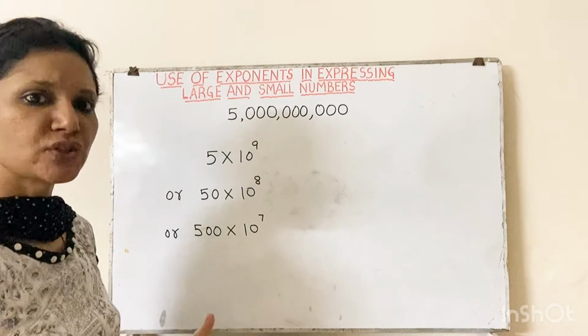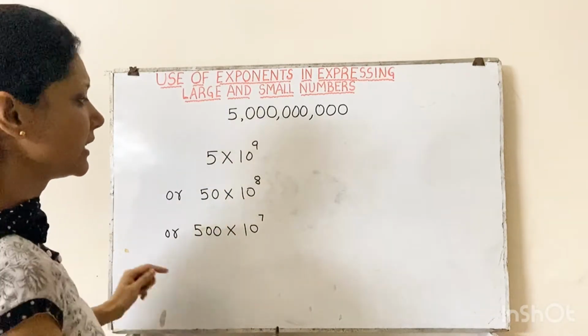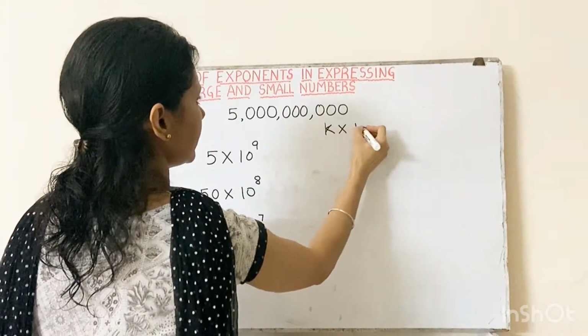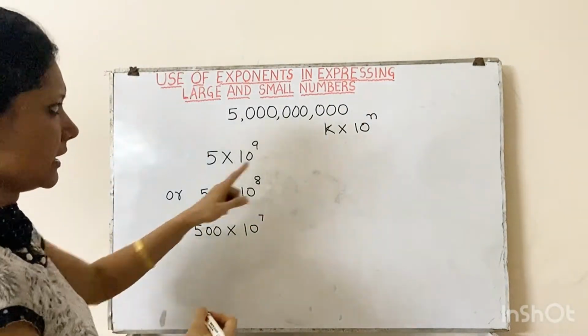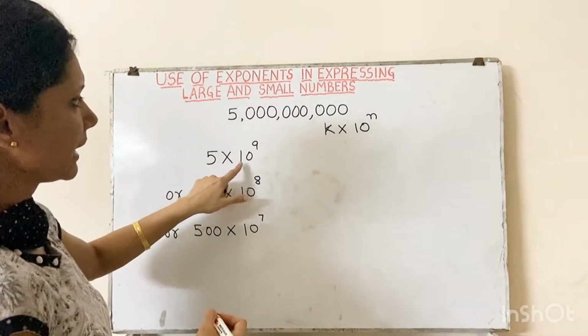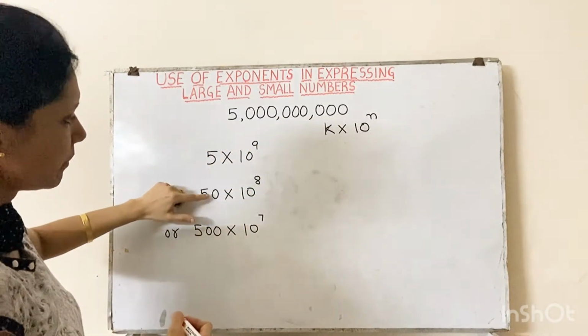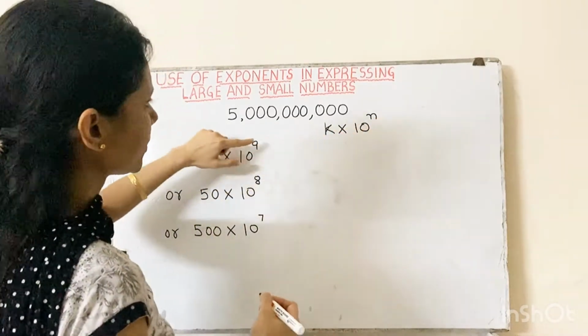So that means in general we can say that a very big number can be represented in the form k multiplied by 10 raised to the power n, where k is some number, and n is the positive integer.